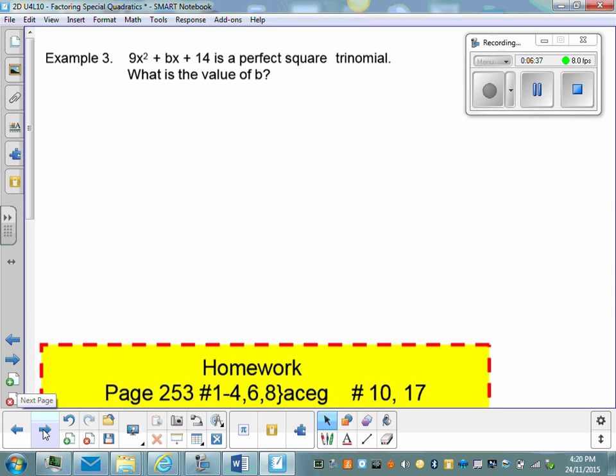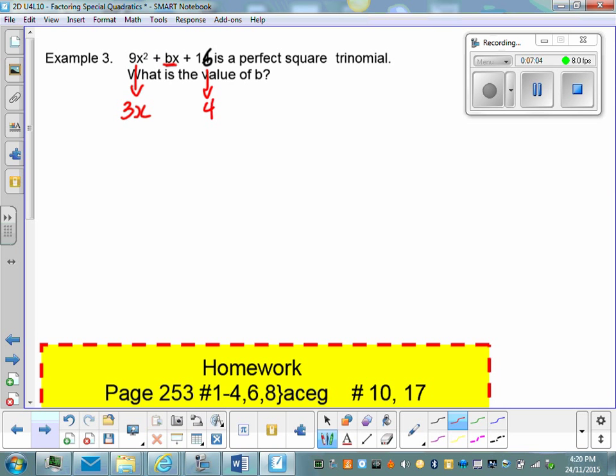Now, this one here's got a little bit of a misprint. This should actually be a 16 at the end here. So example 3 says 9x squared plus bx plus 16 is a perfect square trinomial. So in order to figure out what the value of b is, we're going to do what we've done before. So the square root of 9x squared is 3x.